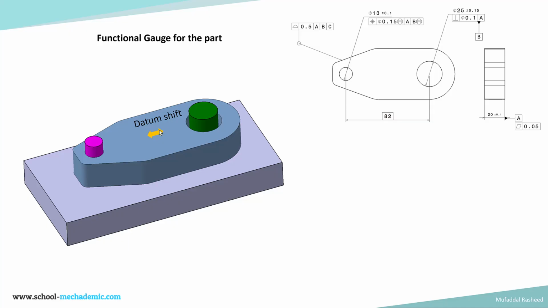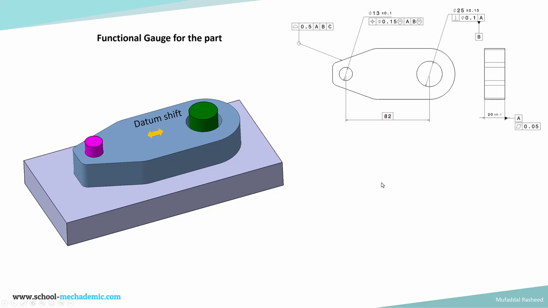And you can see that in this functional gauge, when this pin is being inserted, there is datum shift. This part can shift around, and we can move around this part and then insert the pin. So that basically validates the position of the smaller hole with respect to this hole, which includes the datum shift.